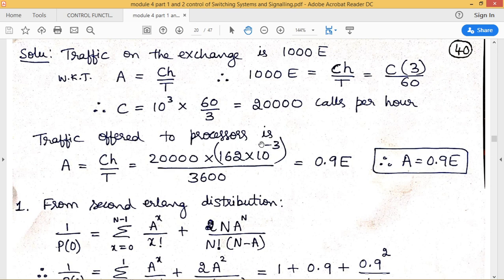Next, let us calculate the traffic offered to each and every processor. Please note that there are two processors available in an SPC exchange, and we want to calculate the traffic offered to each one. Using the same equation, A equals CH by T, the number of calls C is 20,000 and H, the holding time of a processor in processing a particular call, is given as 162 milliseconds.